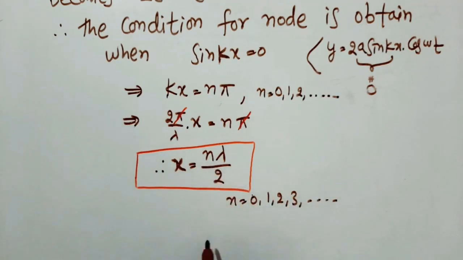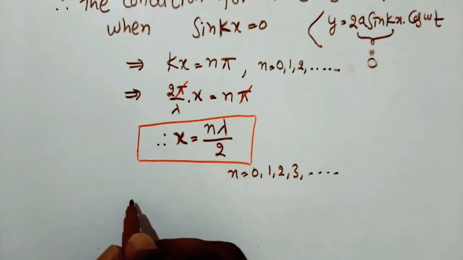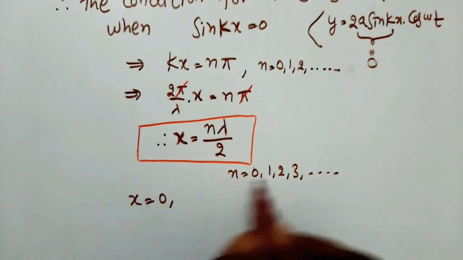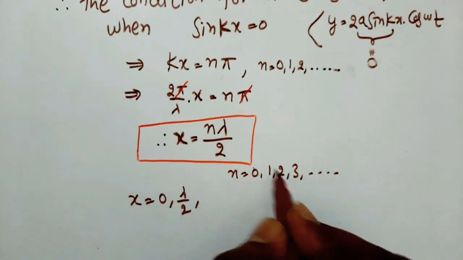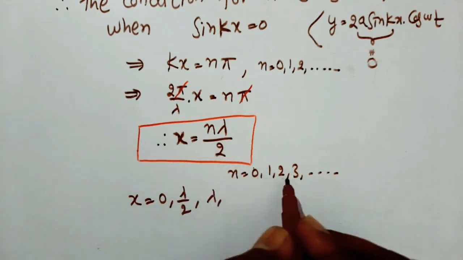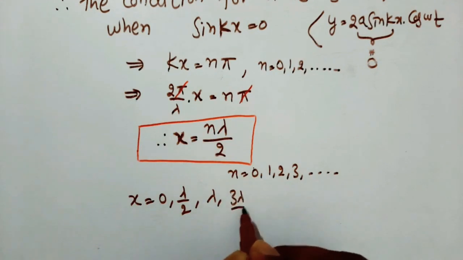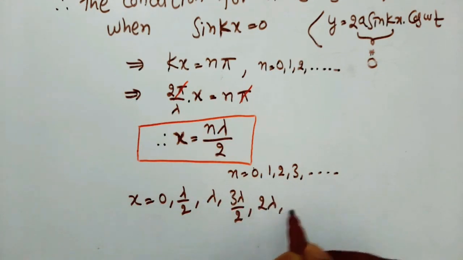If n is equal to 0, what is the x value? x is equal to 0. If n is equal to 1, lambda by 2. If n is equal to 2, lambda. If n is equal to 3, 3 lambda by 2, then 2 lambda, and so on.